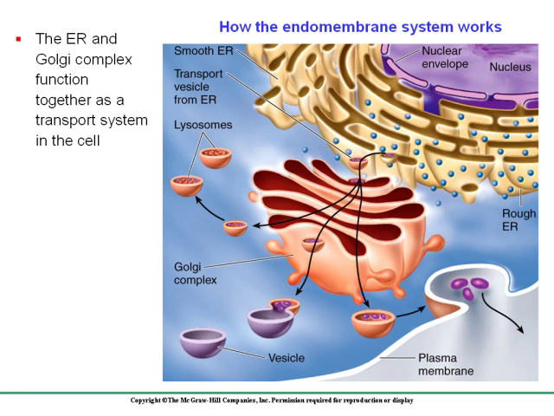The ER and the Golgi complex function together as a transport system in the cell. If you look at this diagram that indicates how the endomembrane system works, you're going to see both the ER and the Golgi. The ER is indicated in yellow. In yellow, you're going to have your smooth ER and your rough ER that's studded with your blue ribosomes. Again, your ER is going to create macromolecules.